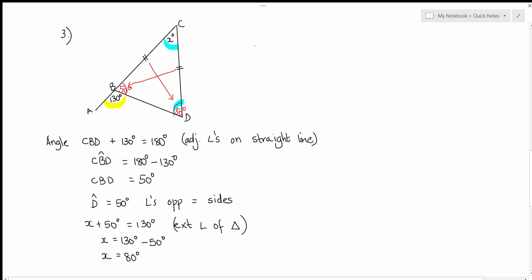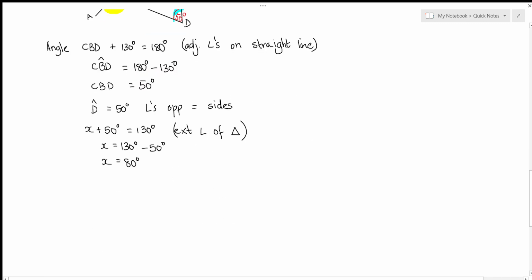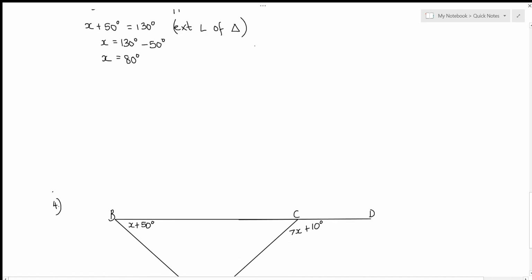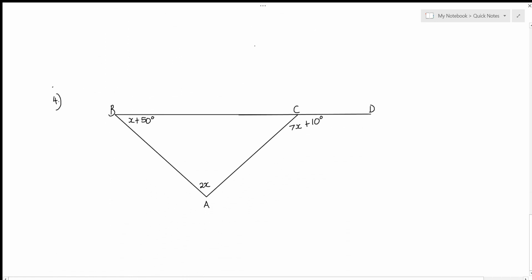Okay, let's have a look at number 4. Number 4, you have to solve it in terms of x, so you have to use an equation. We look at it the same way.